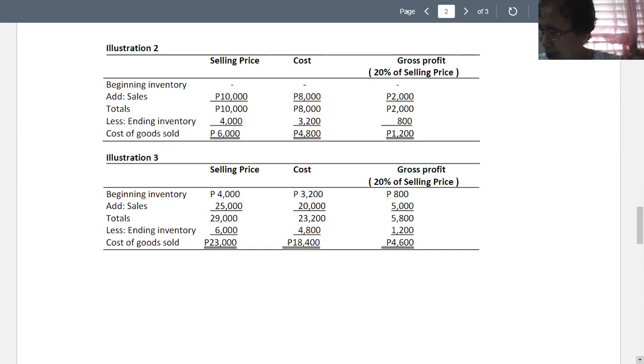Okay? And the next is to debit retained earnings on January 1 in Pitt Corporation's books by 800 and to credit cost of goods sold by 800, to eliminate realized inventory profit, that refers to your beginning inventory.